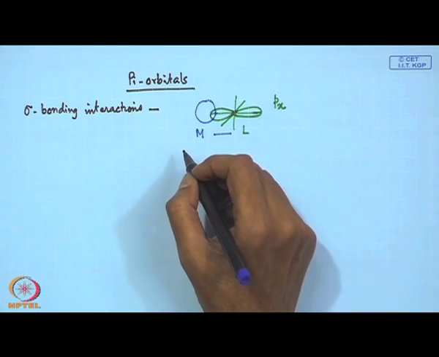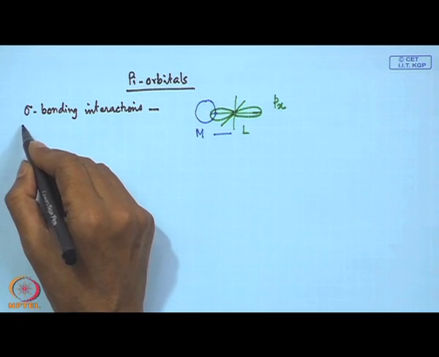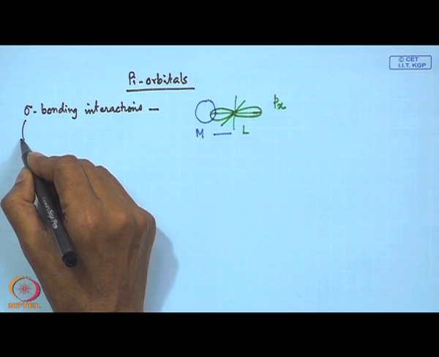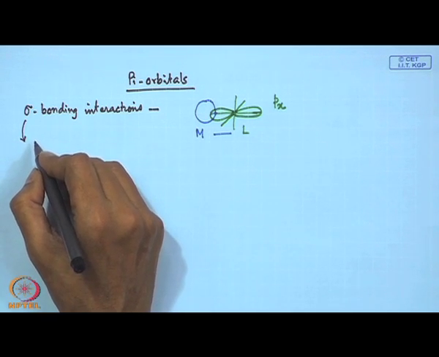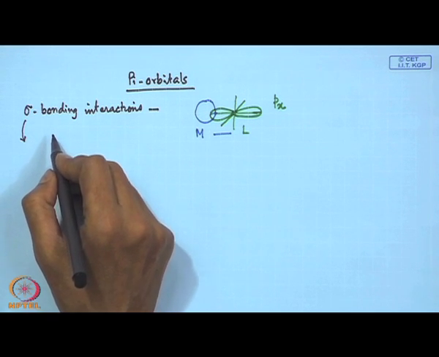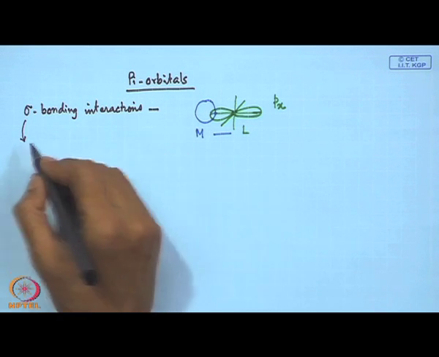So, based on these, what we get due to only the sigma bonding interactions is the corresponding ordering of the ligand strength.